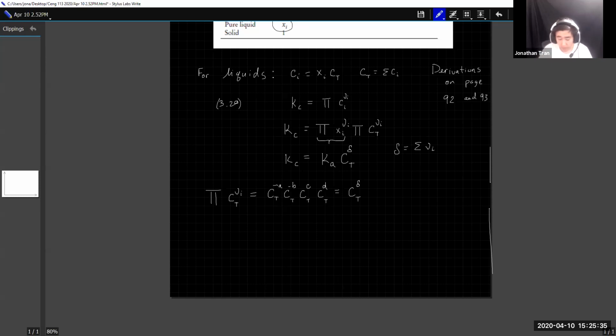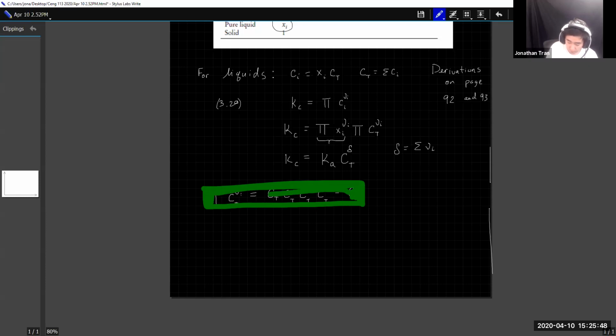Yeah, I think that's correct. So just be aware of that. This is the correct form of what should be at the bottom of the page on page 92 of your text.